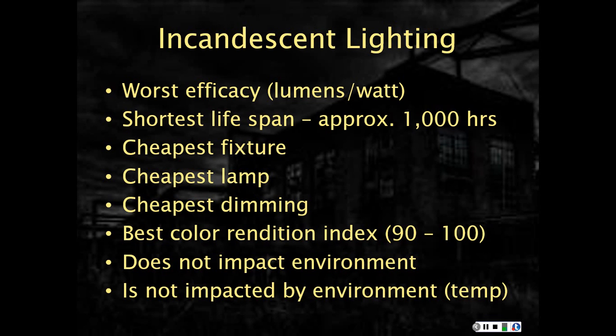Typically about 1,000 hours. If we manipulate some things, we can get that up to maybe 2,000, 2,500 hours, but they do have a short lifespan. Now, on a positive note, they have the cheapest fixture, the cheapest lamp, the cheapest dimming capability.